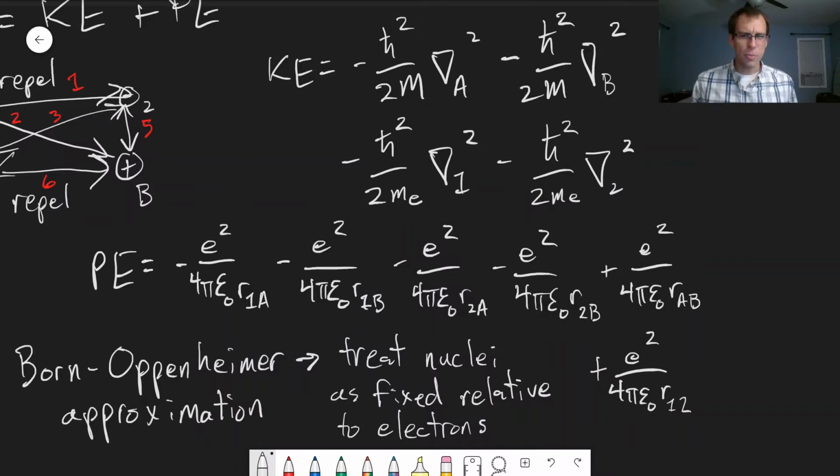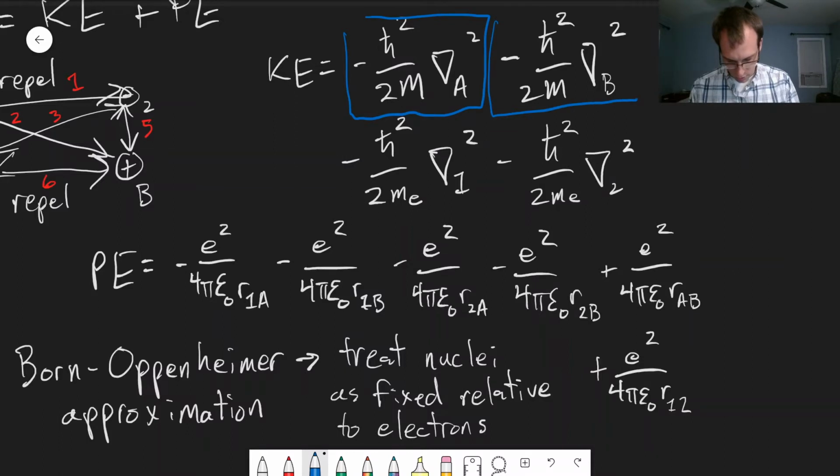So what does that do in terms of these terms that we have present? So what we can do is we can treat this as two separate problems. So we can take these first two kinetic energy terms that involve our nuclei, so these two terms here, and ignore them.